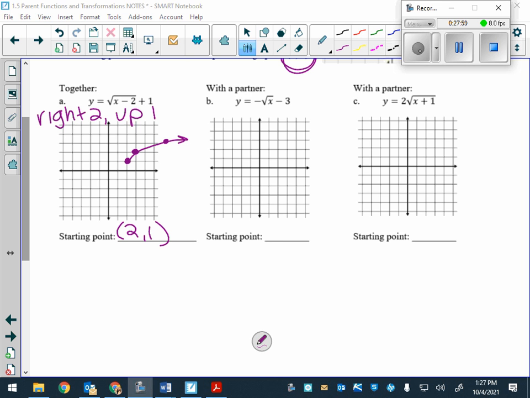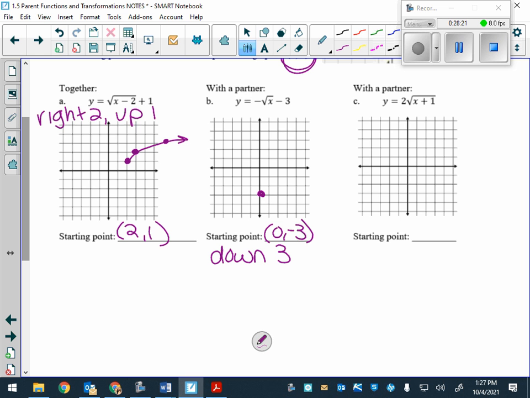All right. So with B, Esteban, what's my starting point? 0, negative 3. So 0, negative 3 is here. Okay. Saying what type of transformations are happening? Perfect.